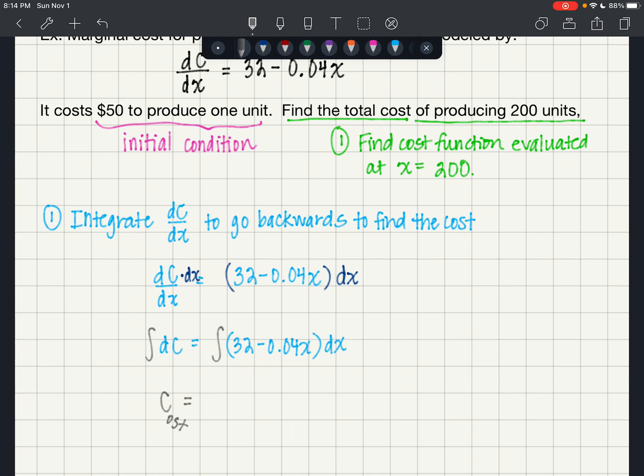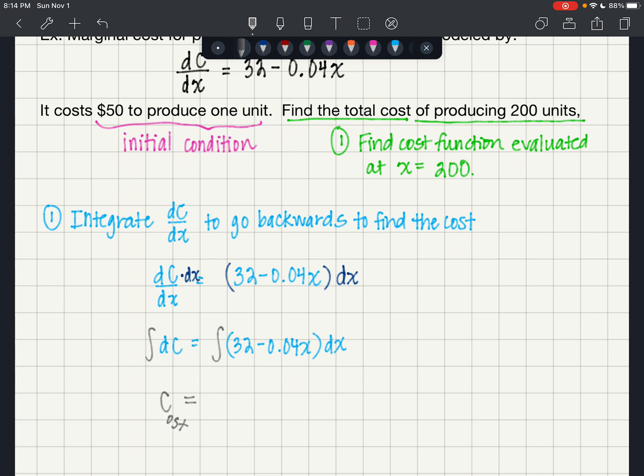This is a variable C. Any constant that might be on the left-hand side, let's just say plus k, some constant k, I'm going to incorporate that constant k on the right-hand side when I integrate. Remember, when you integrate, you don't have to put the constant with each term of the integral. You can just put one constant at the very end, and I choose to do it on the right-hand side.